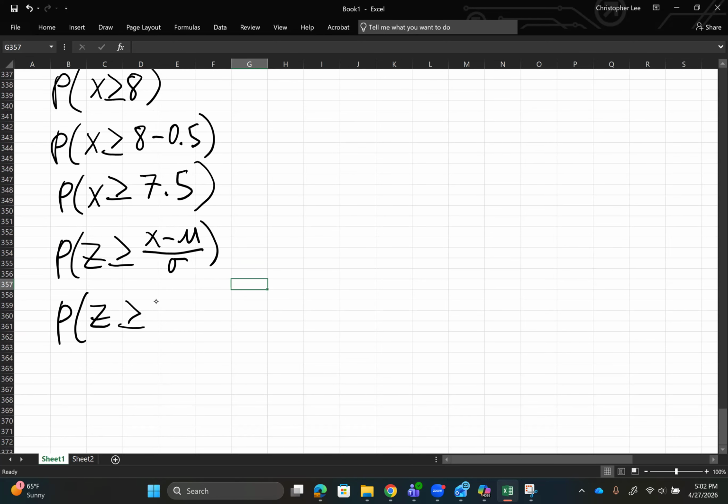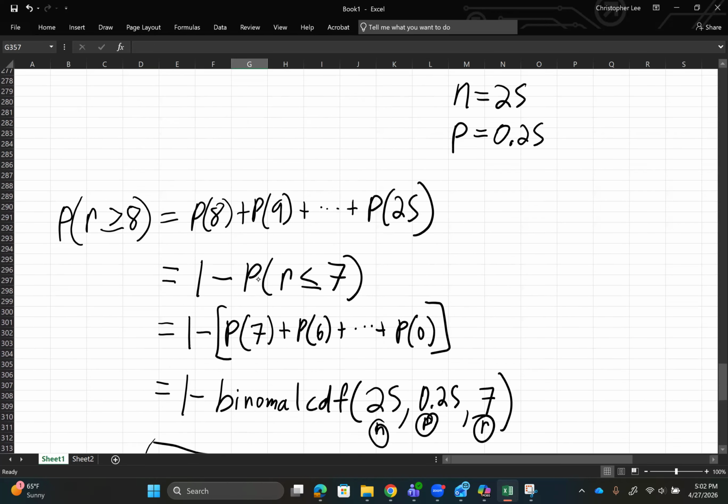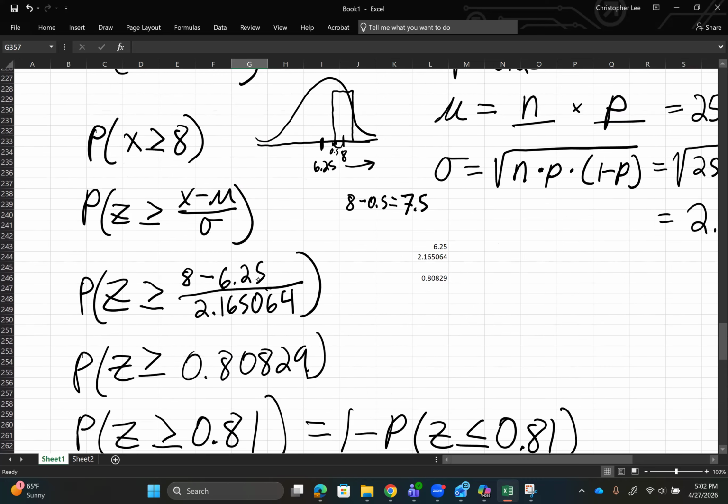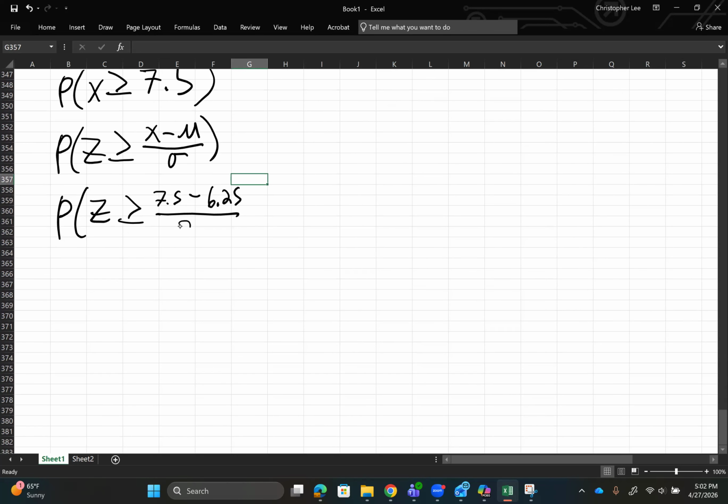So now this is going to become 7.5 minus our mean, which we said was 6.25, over our standard deviation, which was, I don't even remember what that was. That was something crazy, like 2.165. So let's get this answer right here.